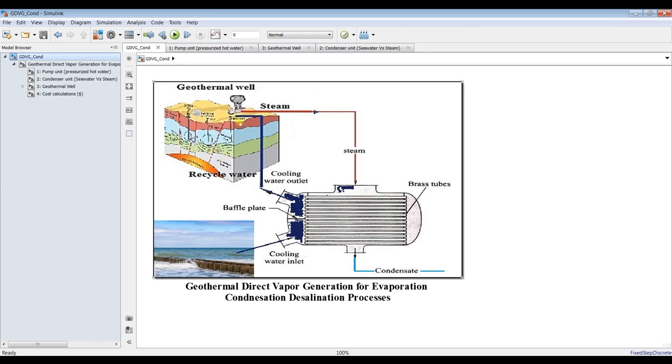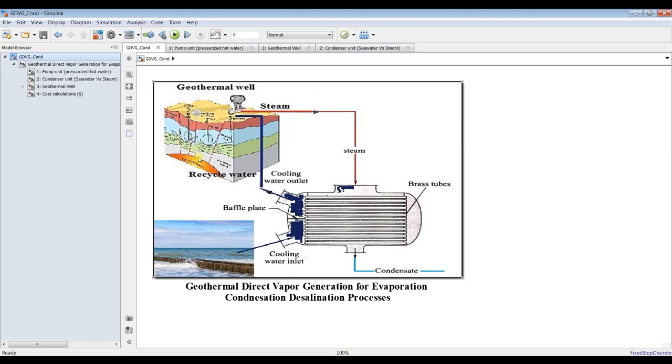So we are going to catch fully vaporized steam, and condense it in order to get our desalted water. Brine and saline water will remain in the geothermal well. What is going on after that?